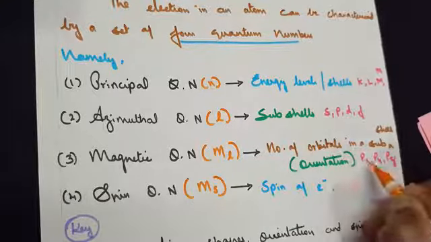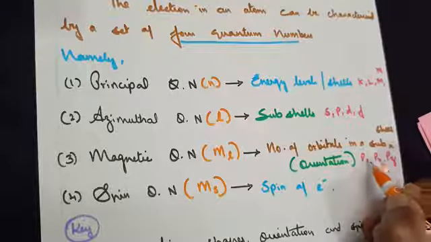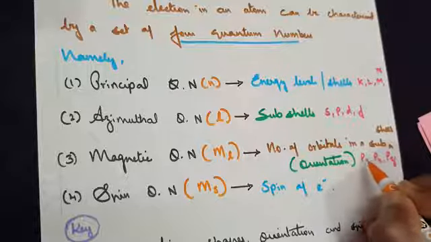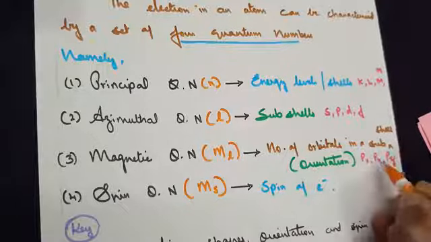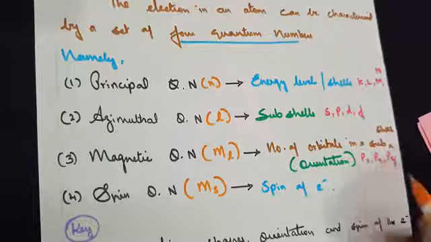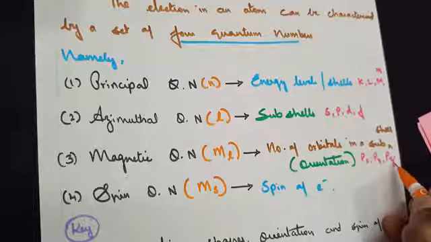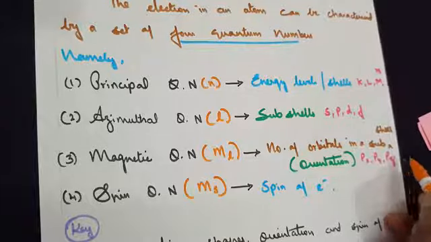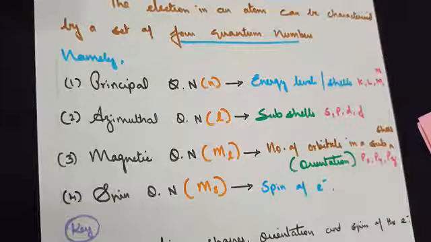For example, px, when I say, the electron is found along the x-axis in a p orbital. Py, when you say, the electron is found along the y-axis in a p orbital. Pz, when you say, the electron is found along the z-axis in a p orbital. About this axis, when I show you the shapes of atomic orbitals, I'll explain to you in detail.